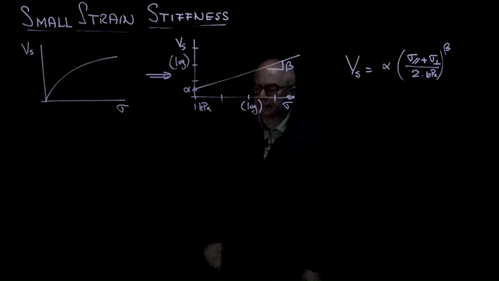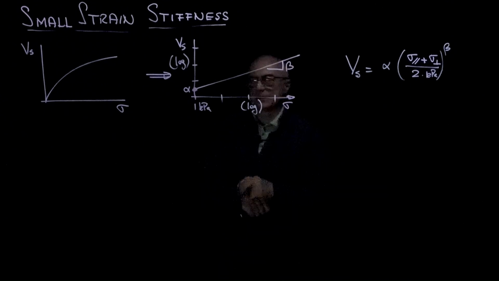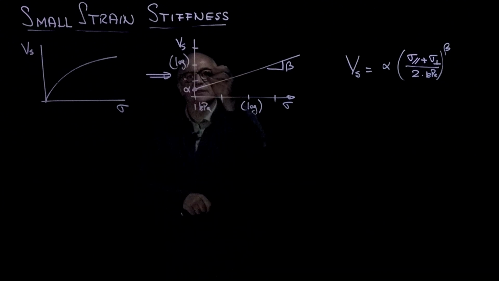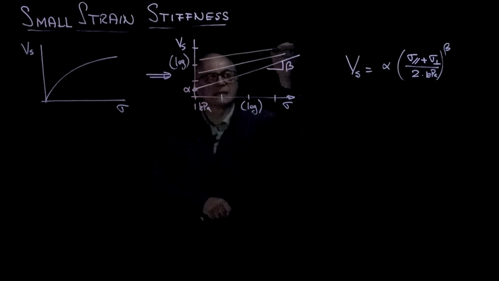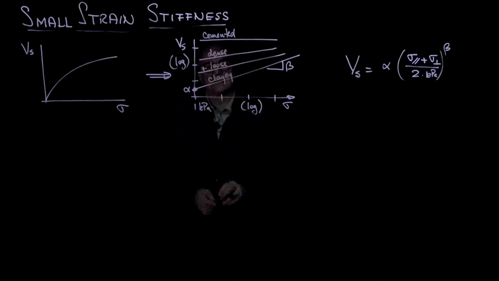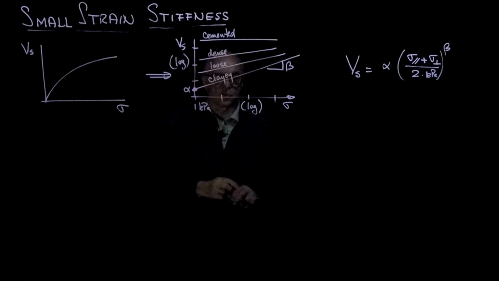If I plot these trends for different soils, this could be for soft clay, this becomes for loose silt, this becomes a dense sand, and this is a cemented soil. As you can see, as the soils become stiffer, the alpha value increases, but the beta, the slope, becomes increasingly lower.